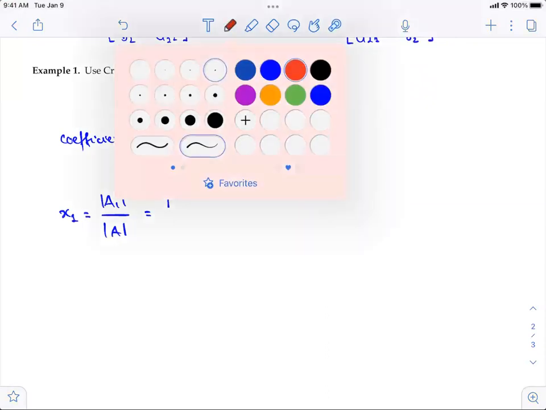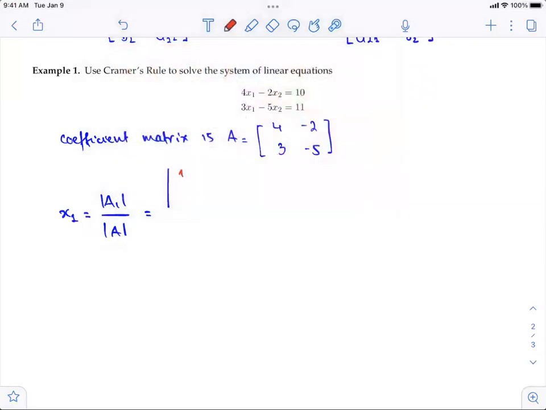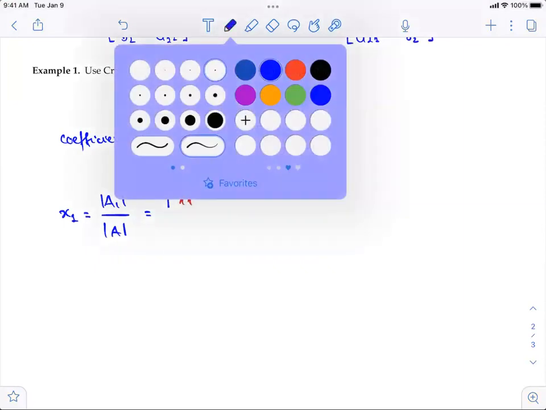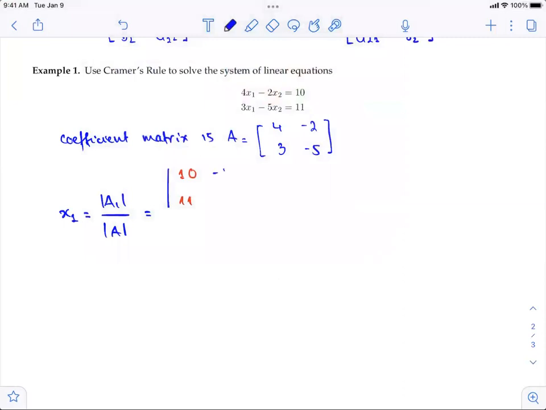So let me use the red pen here. The first column becomes 10, 11, and the second column remains the same, which is -2, -5, and this is divided by the determinant of the coefficient matrix 4, -2, 3, -5.